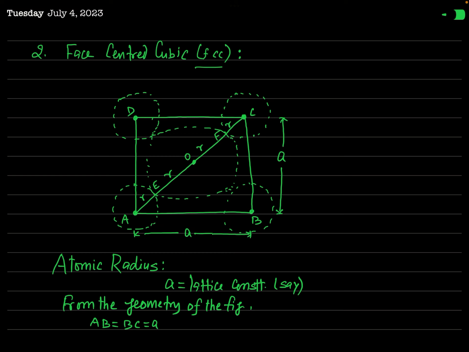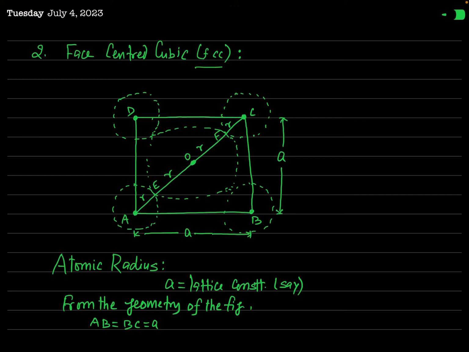In a face-centered cubic lattice, there are lattice points at the corners A, B, C, D, and also at the center of this face, which is O. This is also a lattice point. I have shown 5 dotted spheres, which represent the atoms at the corners and at the center of the face.